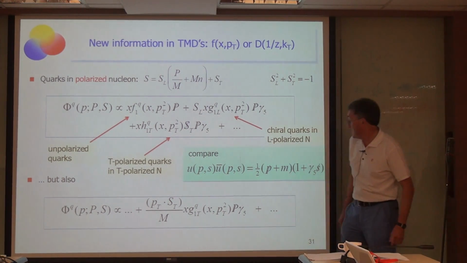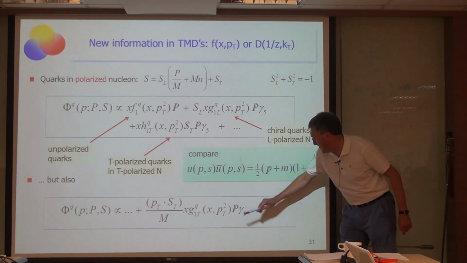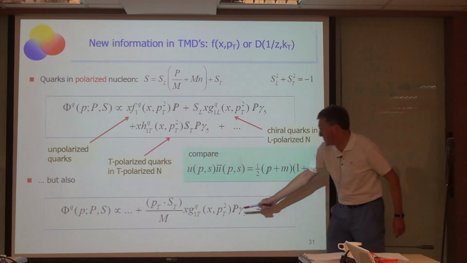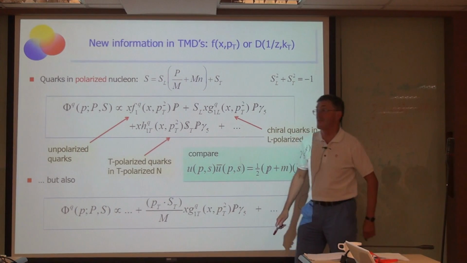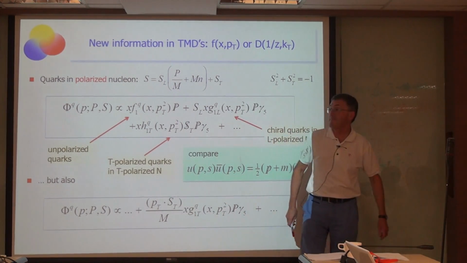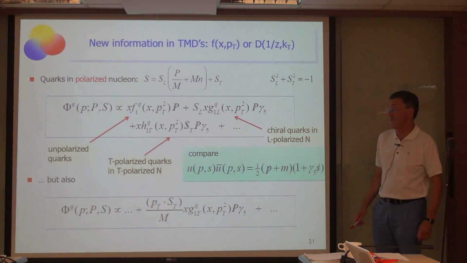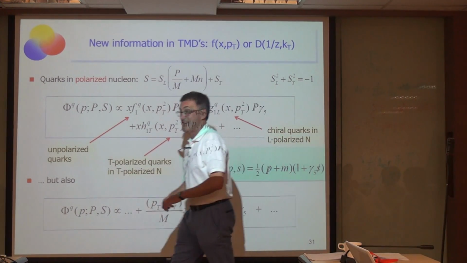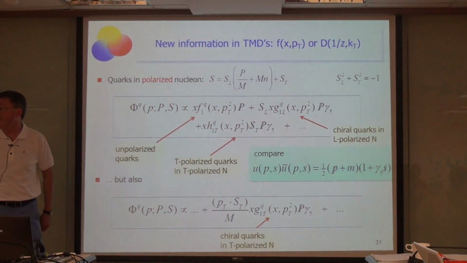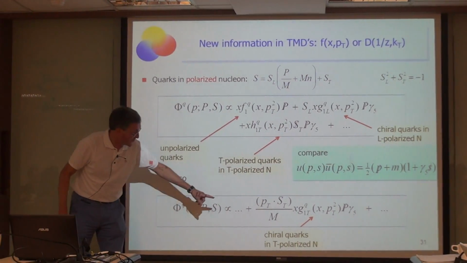So this thing must be gamma 5. So it must be a chiral quark. Okay, so this thing represents chiral quarks. But in my expression, I only see that this thing happens when ST is unequal to 0. So this function represents chiral quarks in a transversely polarized nucleon.